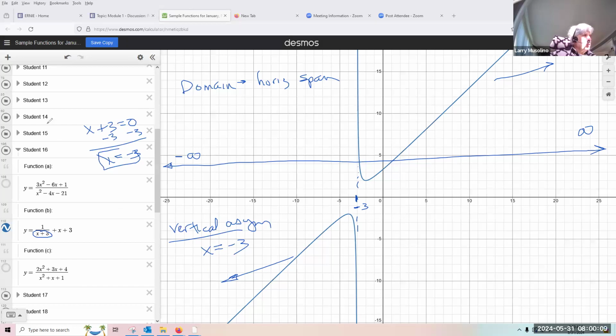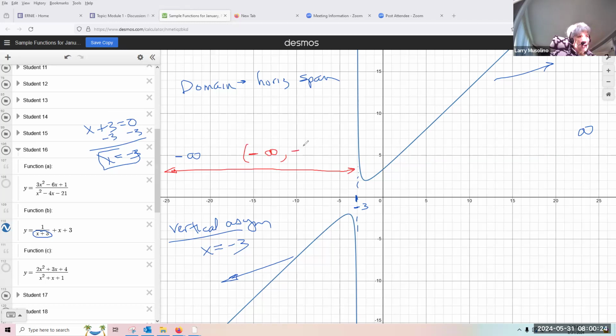Well, what that tells me then is this domain is really going to extend from -infinity to -3. So this interval is -infinity, -3. And then on this side, it's going from -3, infinity.